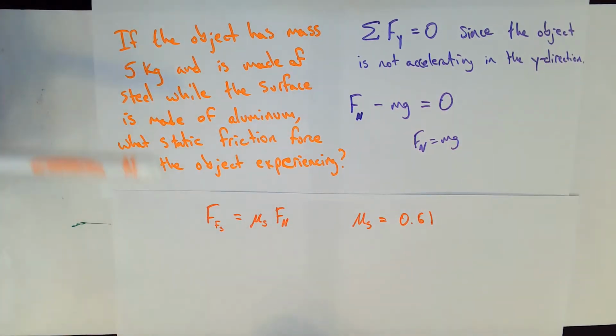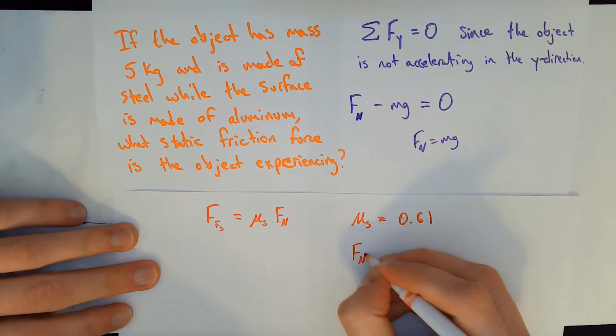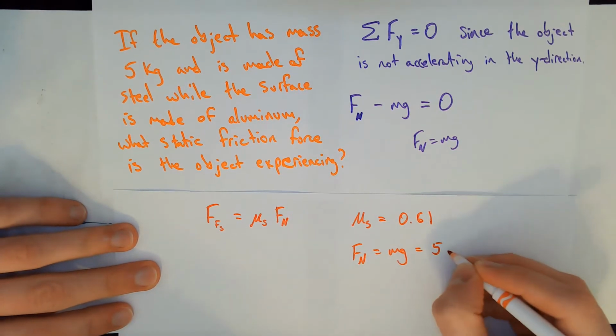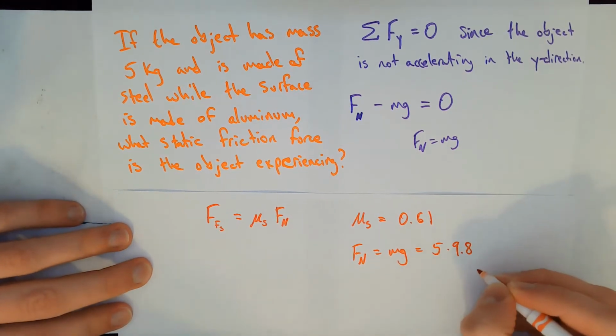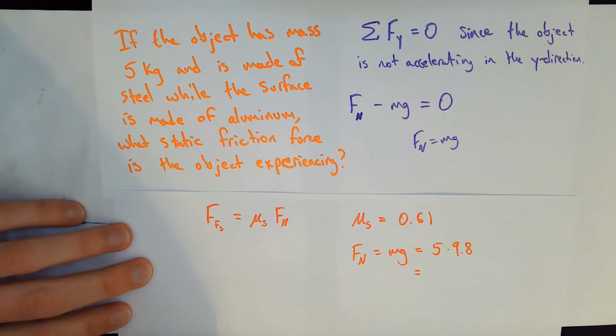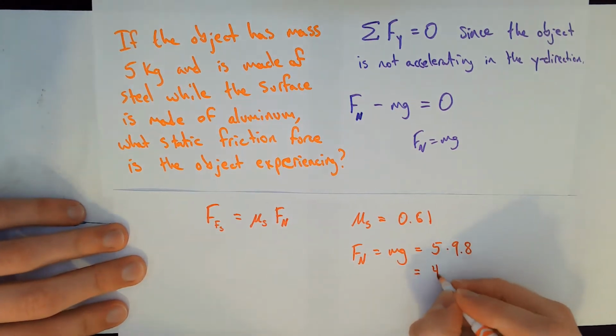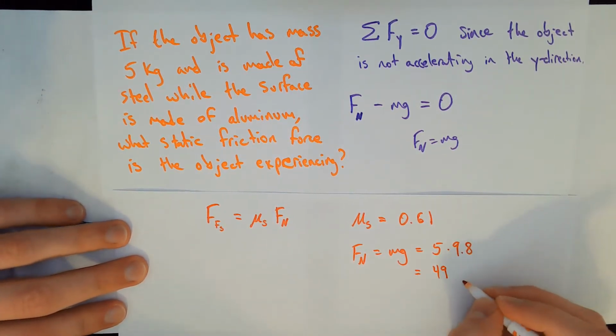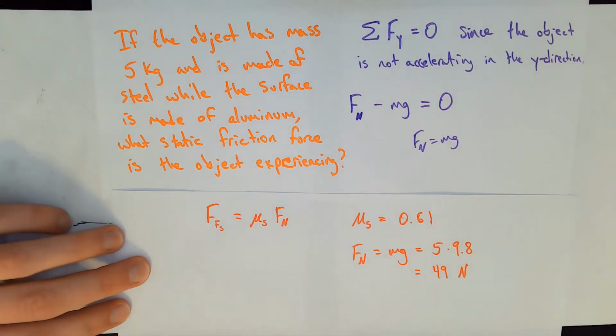And now I need to find my normal force, which in this case is equal to mg, which is equal to 5 kilograms times 9.8 meters per second squared, which is 5 times 9.8, 49 kilograms times meter per second squared, in other words, newtons.